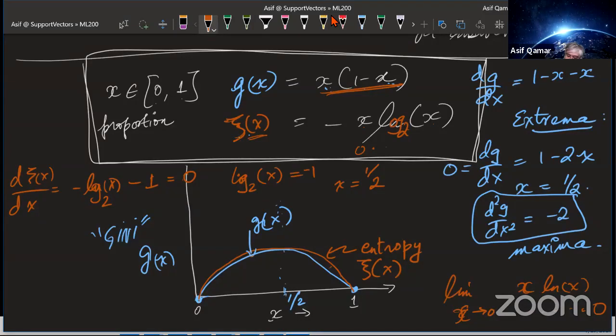So x is equal to a half. So at a half, it also achieves a maximum, right? This statement is log x equal to minus 1 if you look at this.